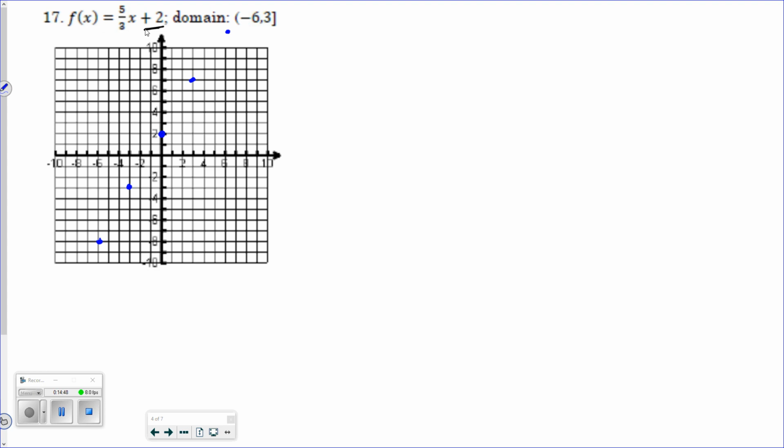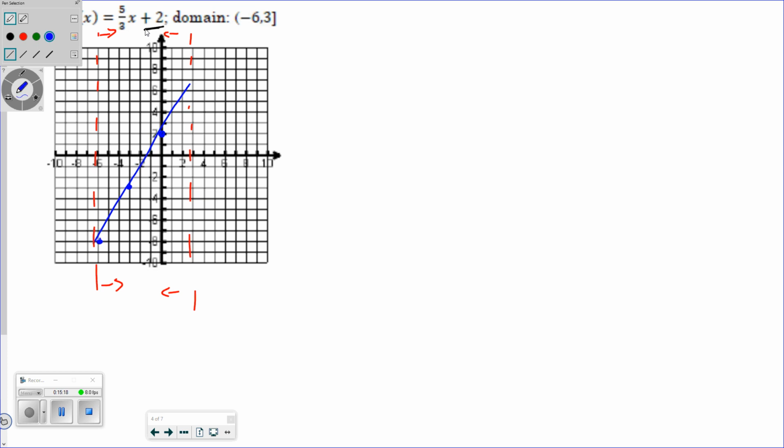So what I would do if I'm graphing something like this is I would just graph the function itself. And I want a domain from -6 to 3. So negative x value -6 is right here. 3 is right here. I want everything between it. So what I would do is just graph the whole function because it's pretty easy to graph a linear function and then erase everything you don't want, right?